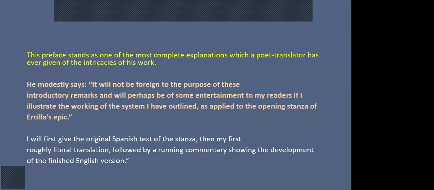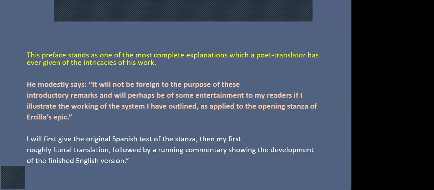This preface stands as one of the most complete explanations which a poet translator has ever given of the intricacies of his work. Okay, so he described his mental process, which I imagine was hard, heavy. He modestly says, it will not be foreign to the purpose of these introductory remarks, and will perhaps be of some entertainment to my reader if I illustrate the working of the system I have outlined as applied to the opening stanza of Ercilla's epic.